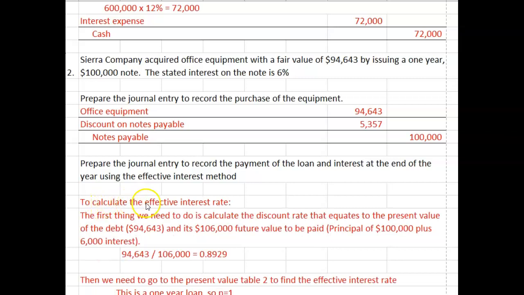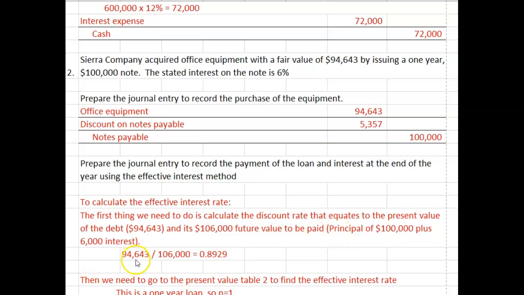In order to calculate the effective interest rate, we first need to calculate the discount rate that equates to the present value of the debt, that's the $94,643, and its $106,000 future value to be paid. That's the principal plus that 6% or $6,000 of interest that we're actually going to pay to the maker of the note.